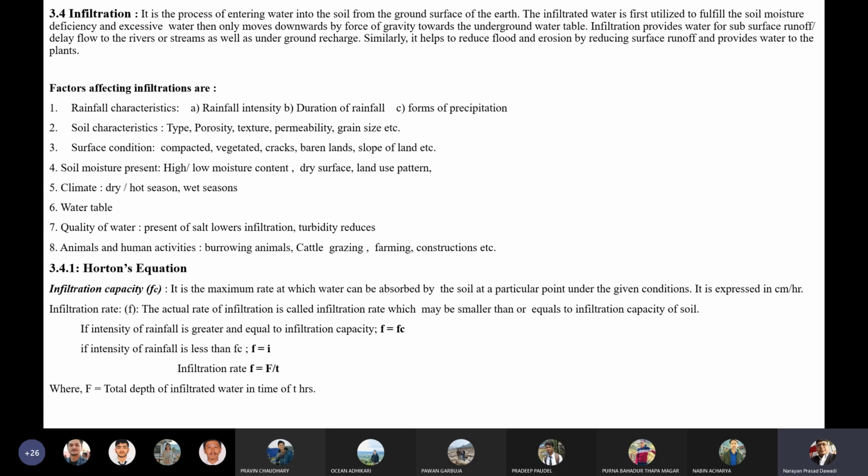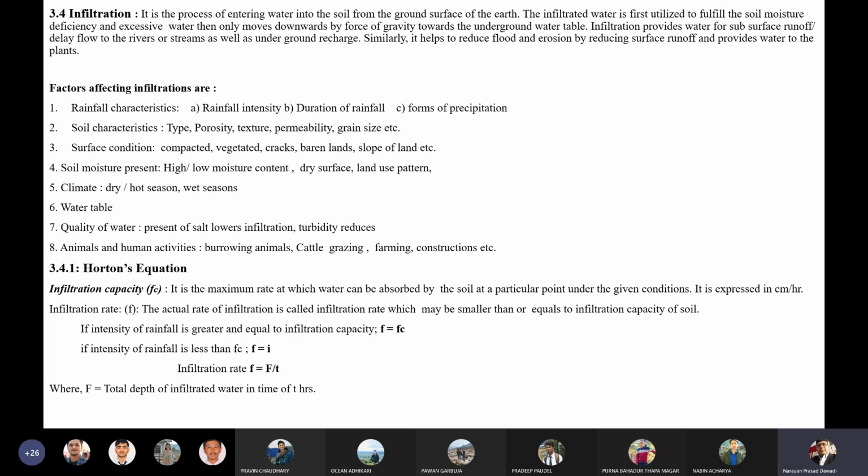So barren lands have less infiltration capacity. Now, slope of the land. If the land is sloped, steep slope or moderate slope, then for that type of land, the water falling from the atmosphere has the chance to flow downstream towards the river easily due to the steep slope of the ground.